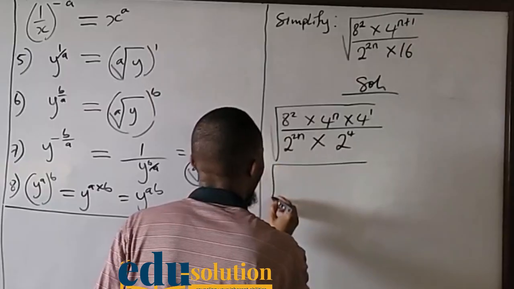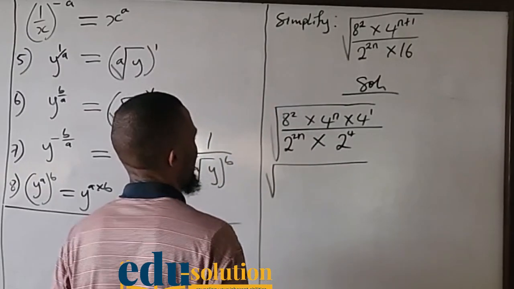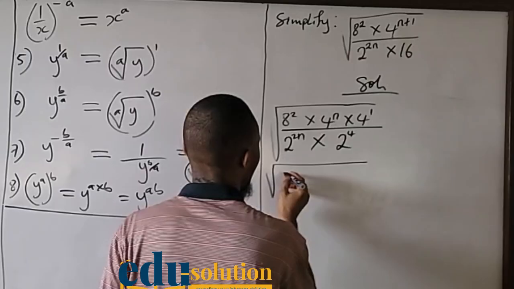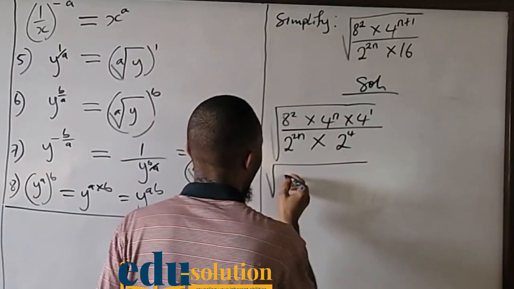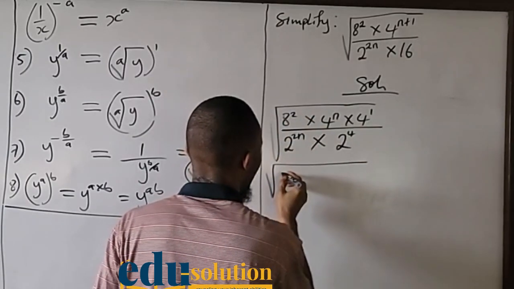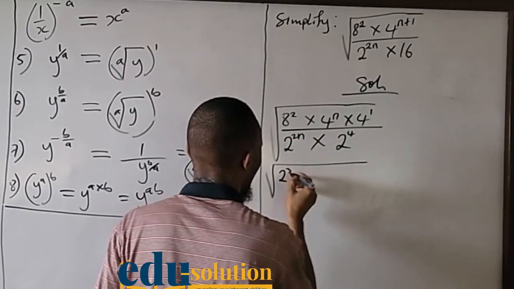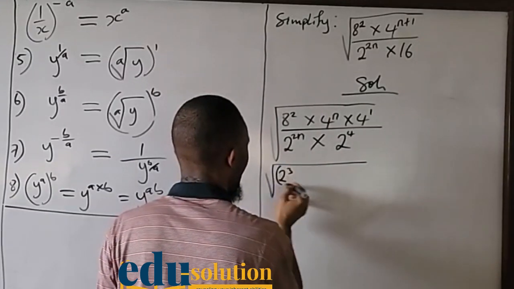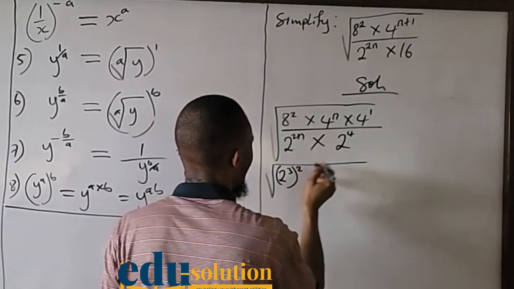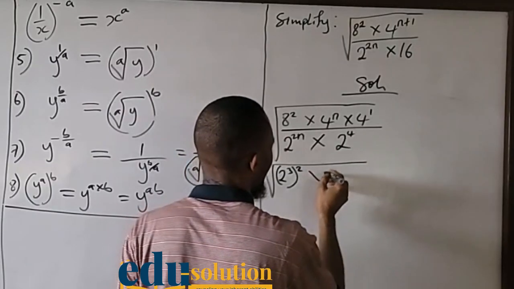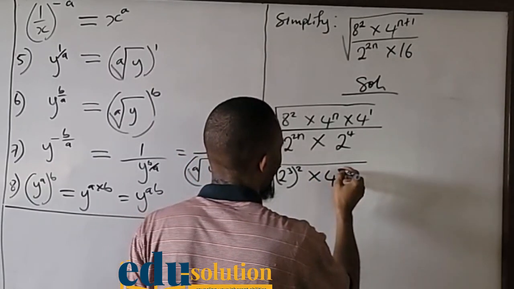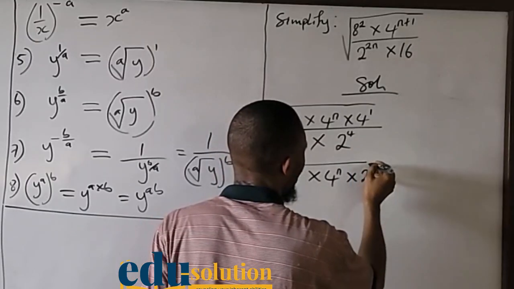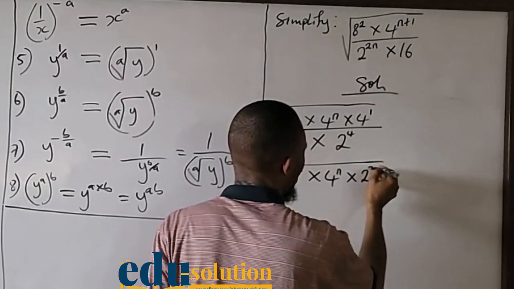So now we will continue from there. There are different approaches you can apply here. Now we have 8 squared. I want to rewrite it again. This 8 squared, I can write as 2 raised to the power of 3, all squared, since 2 raised to the power of 3 is 8. Then we have times 4 raised to the power of n; for this 4, we can have 2 raised to the power of 2 to give us 4.